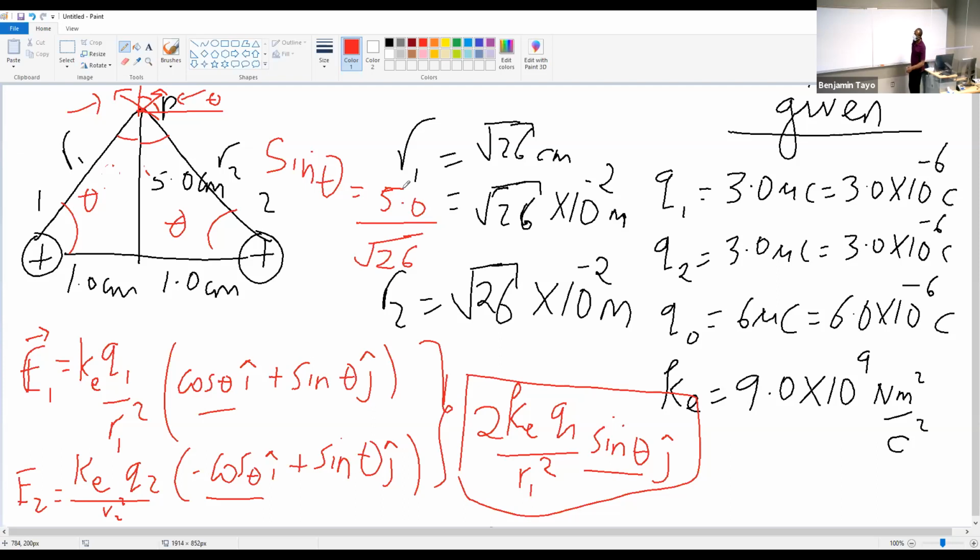So I have everything that I need. I have KE, I have Q1, I have distance squared. I can calculate the sine of that angle. So all of this is the electric field at that point right there.